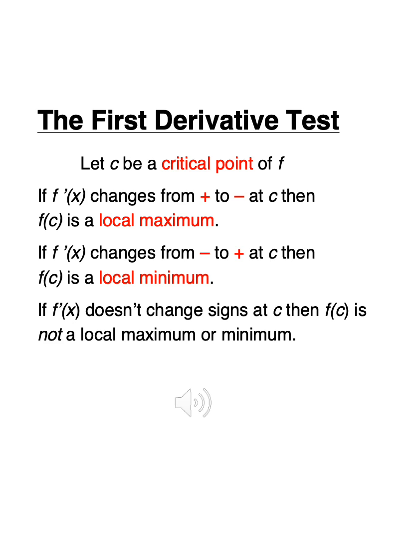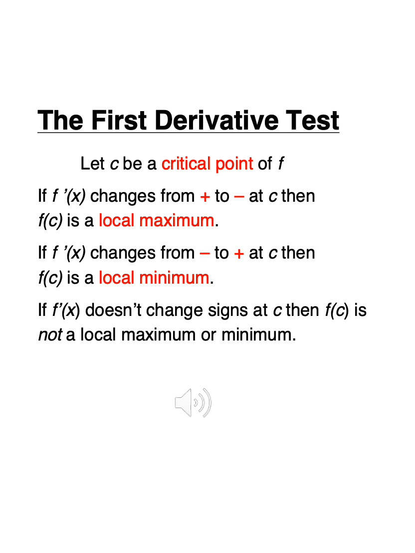Let's say you have a critical point C. Now you want to find the first derivative of the function, and look to see what happens to the first derivative when it passes from being less than the critical value C to being greater than the critical value C.